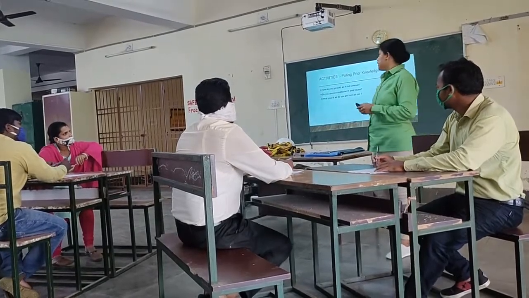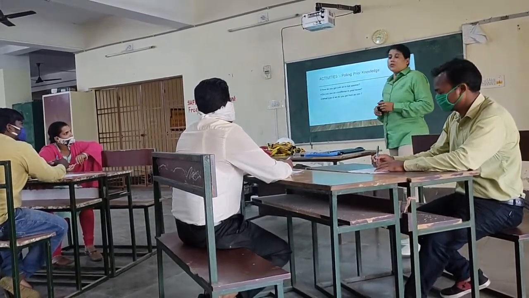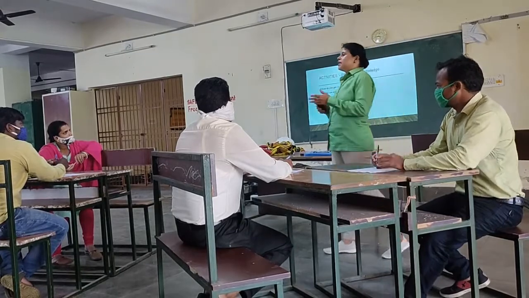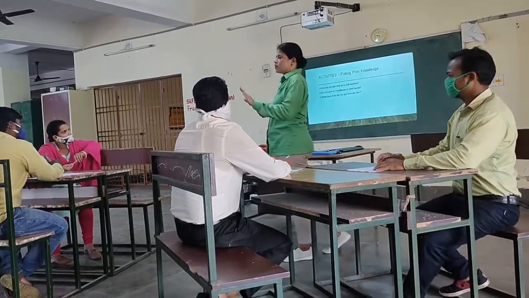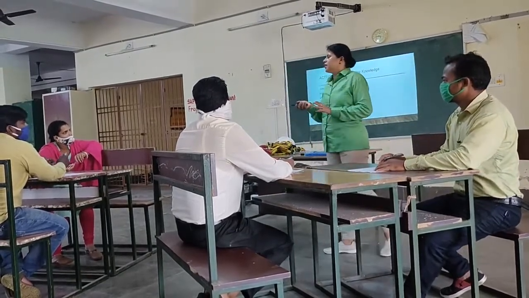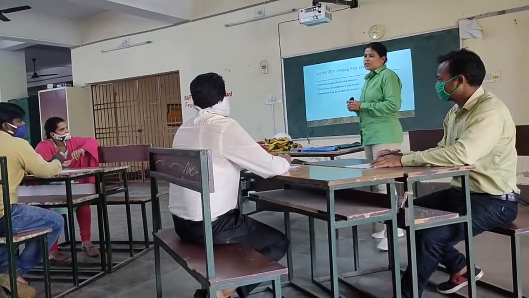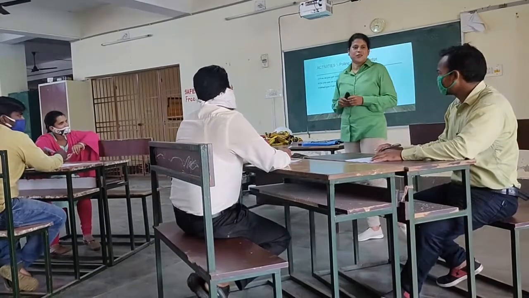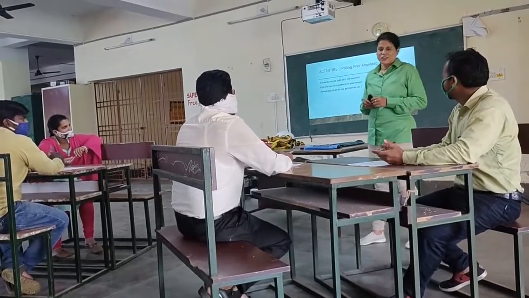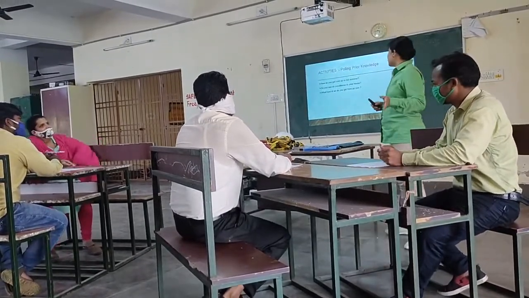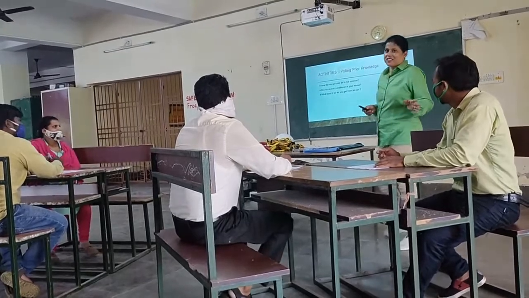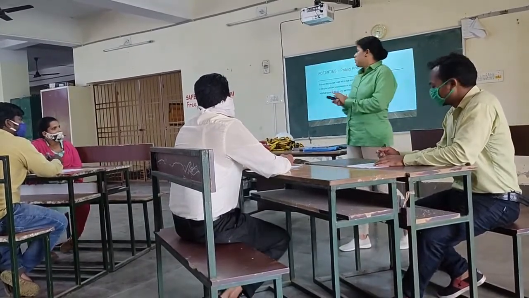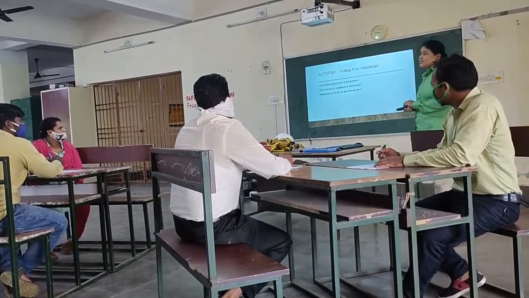Yes. What type of air do you get from your aircon? Chilled air. Normal air. Sujit? Sometimes cold and sometimes normal air. Thank you. All of you are very attentive.